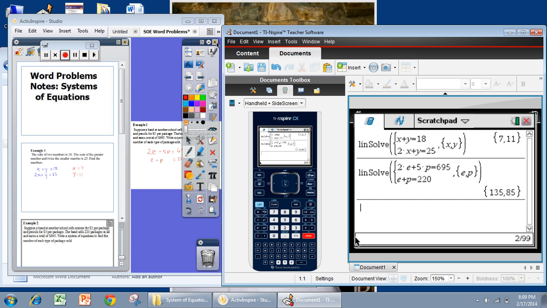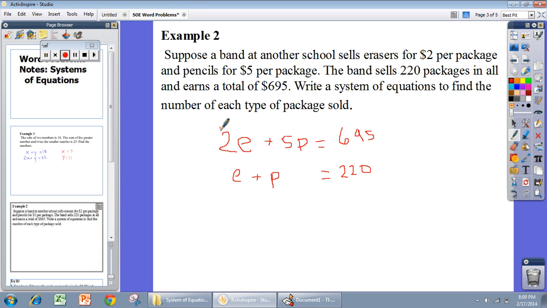So let's go ahead and write that down. 135 and 85. Beautiful, beautiful, beautiful.